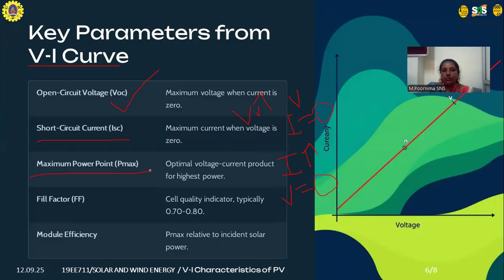And the maximum power point: the optimal voltage and current produce the highest power. And what is fill factor? It indicates cell quality, typically 0.70 to 0.80. And module efficiency is the maximum power relative to the incident solar power. These are the key performance parameters of the VI curve.